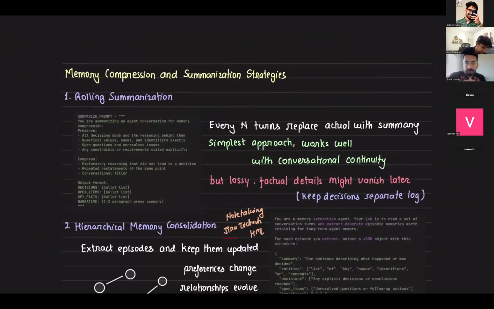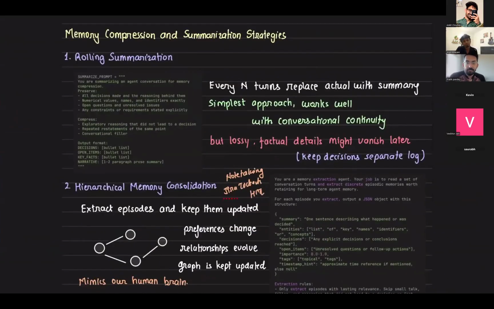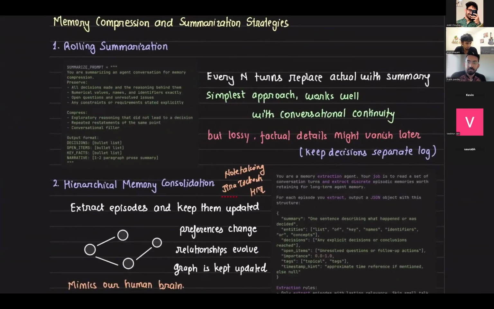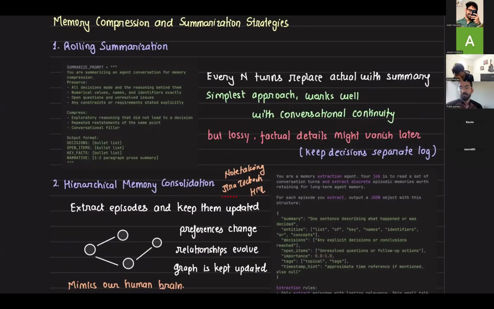Yes. So when we say rolling summarization, every end turn is replaced with a summary. If you think about chat applications, your API receives one request at a time.